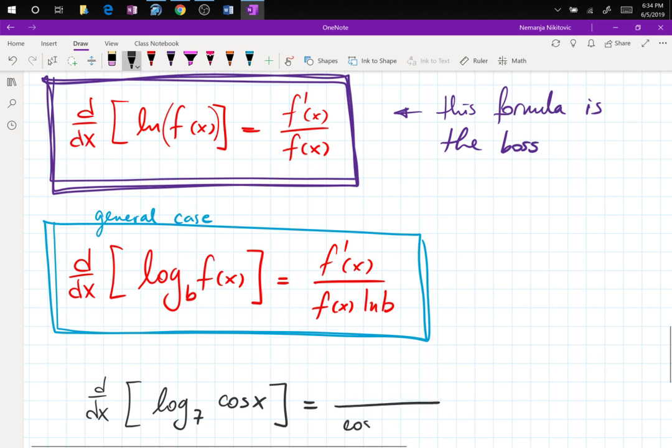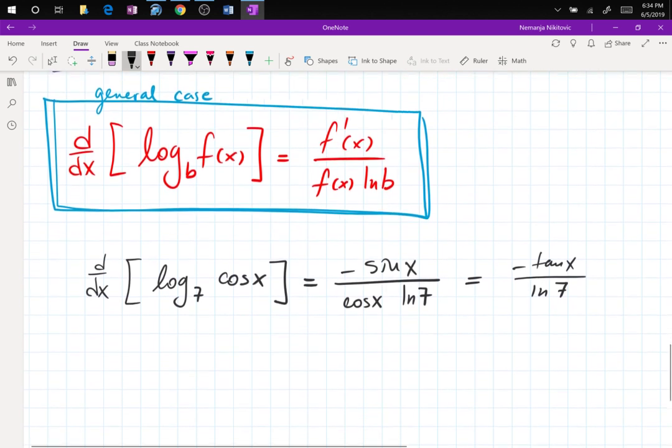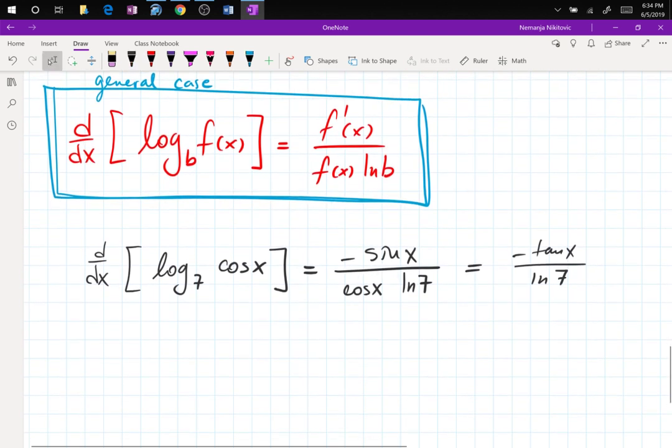Copy the function cosine x as is in the denominator times ln 7, and the derivative of cosine is negative sine x. Negative sine over cosine is negative tangent, so we have negative tangent x divided by ln 7. Can this be simplified further? No. I mean, you can find the decimals for 1 over ln 7, but no one cares.